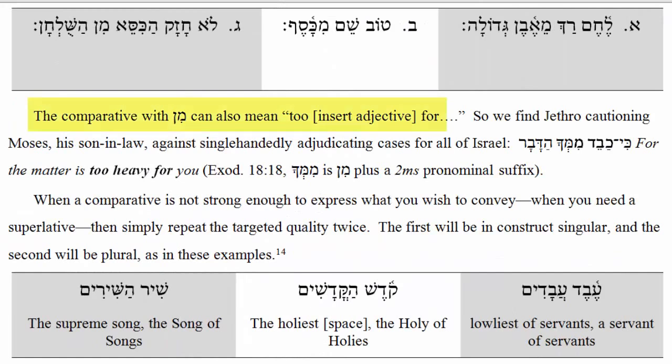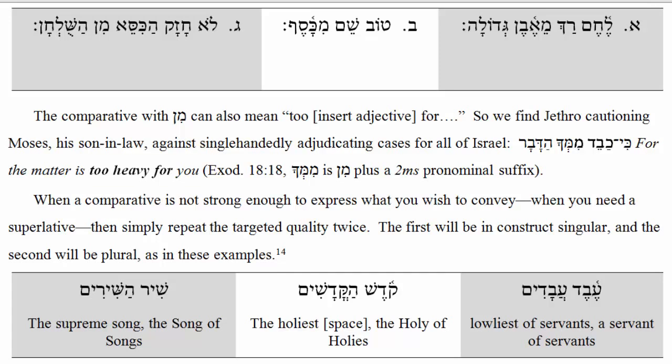The comparative with min in Hebrew governs yet another idiom that's worth being aware of. We might consider this the idiom of excessiveness. So notice the example. We find Jethro cautioning Moses, his son-in-law, against single-handedly adjudicating cases for all of Israel.